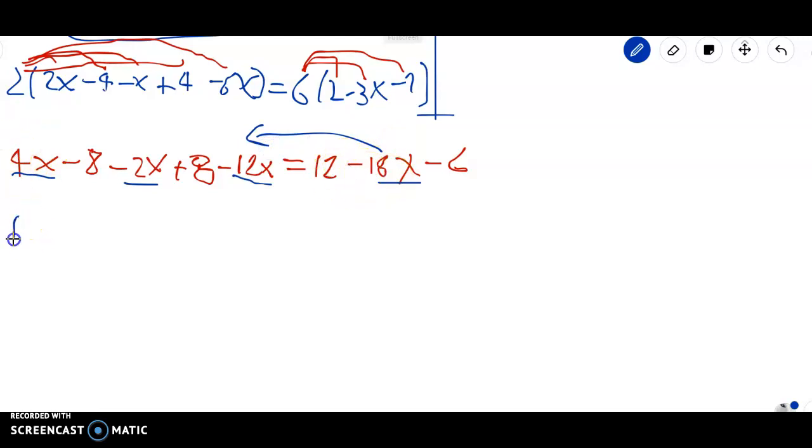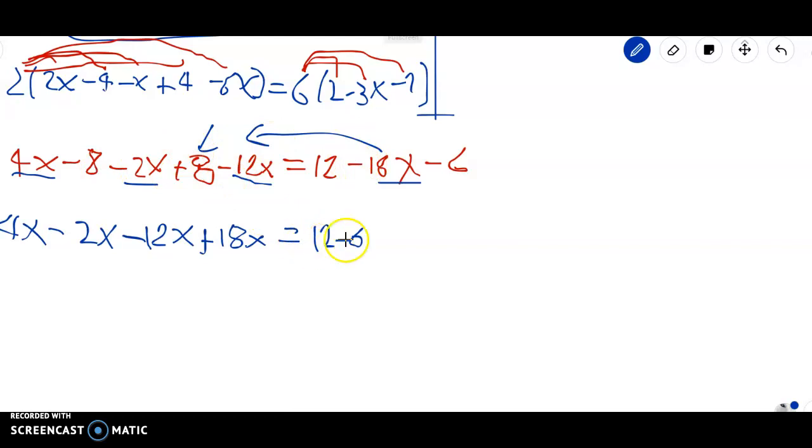So it will be the same. 4x minus 2x minus 12x, and then minus 18x comes to the left plus 18x equals, and then with the numbers the same, we have 12 minus 6 to the right, and then we have plus 8 comes to the right with a negative sign, so minus 8, and then minus 8 comes to the right with a positive sign, so it will be plus 8.